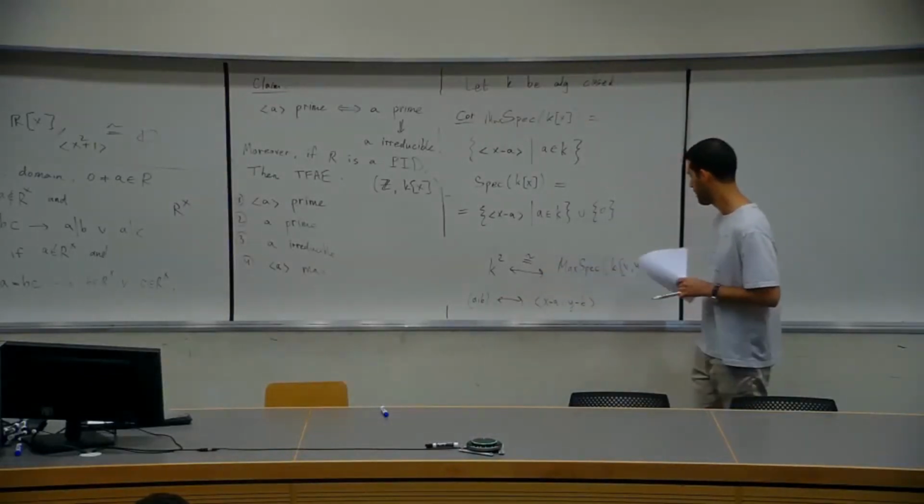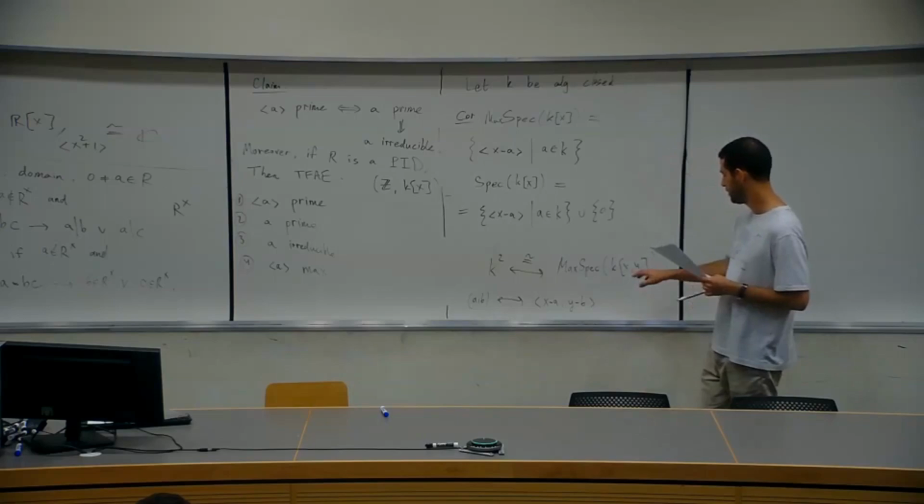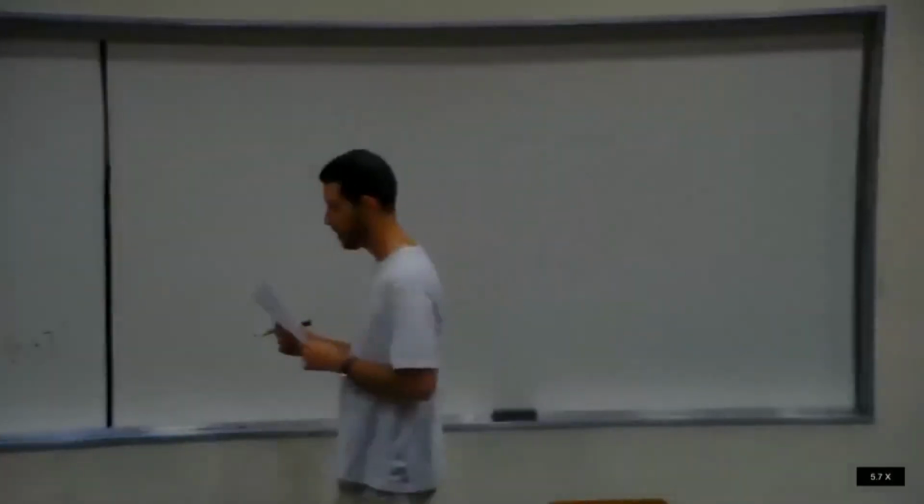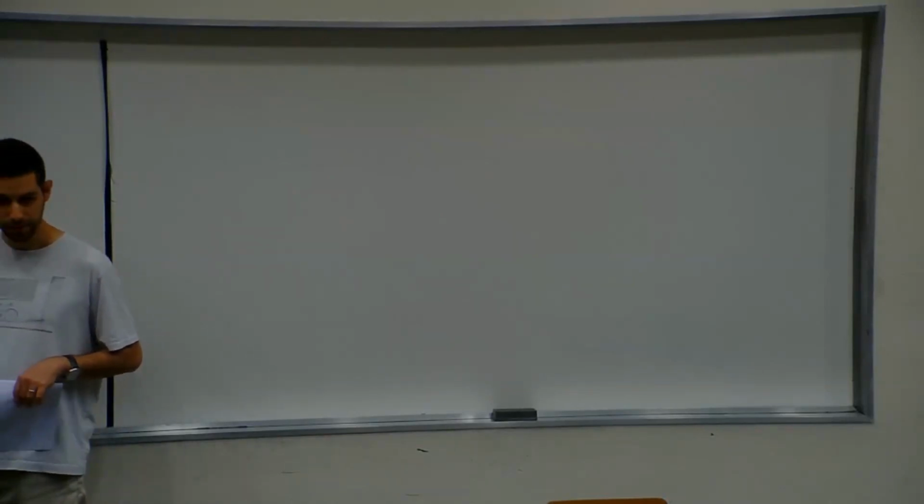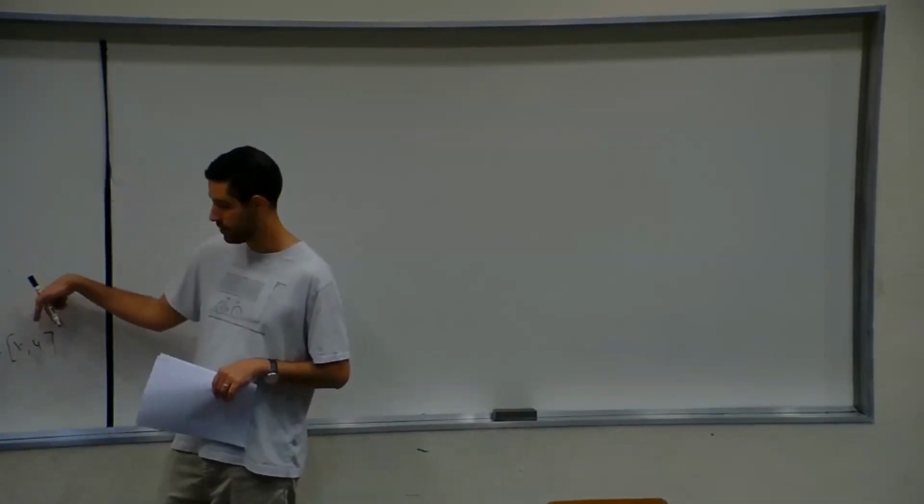Again, we are trying to prove that there is a one-to-one correspondence between the points in K^2, the plane with coordinates (a, b) where a and b are elements of K, and the max spec of K[x,y], the polynomial ring in two variables.